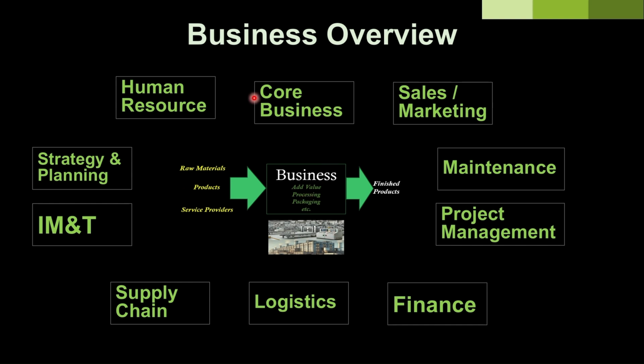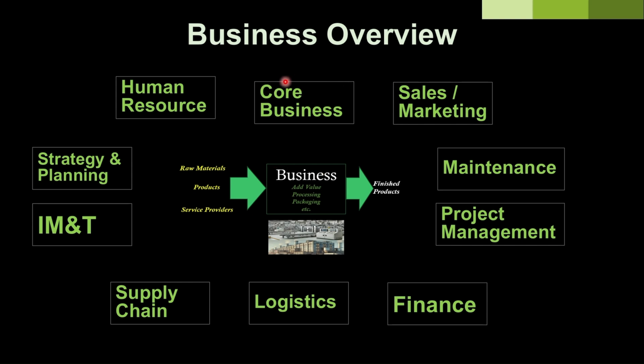And finally, you have the core business department, which will be named according to what the business model actually dictates. So in a production model, where the business is actually producing something, this core business is usually referred to as the production department.